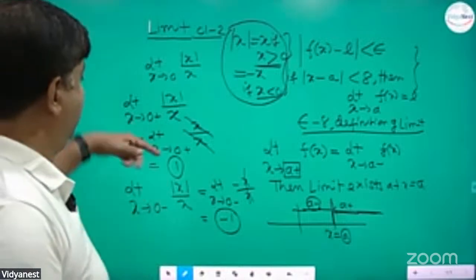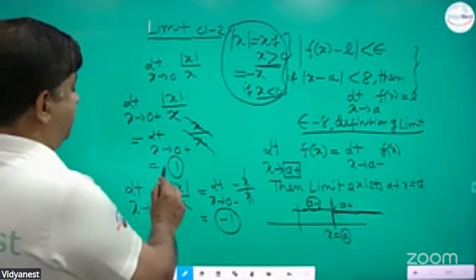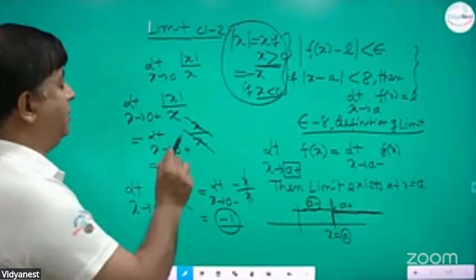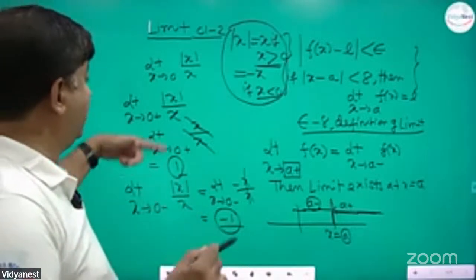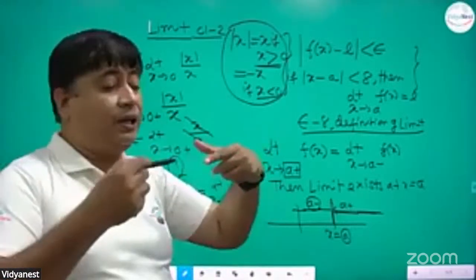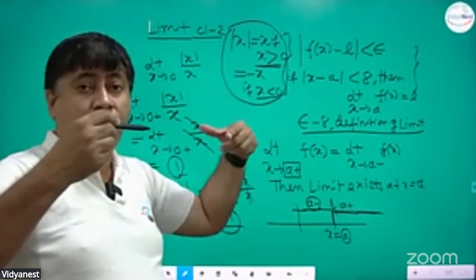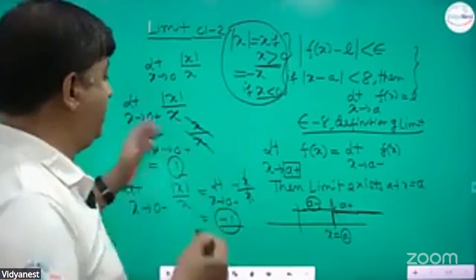So, the right hand limit is plus 1, the left hand limit is minus 1. They do not converge to a finite limit from both sides of this limiting value.